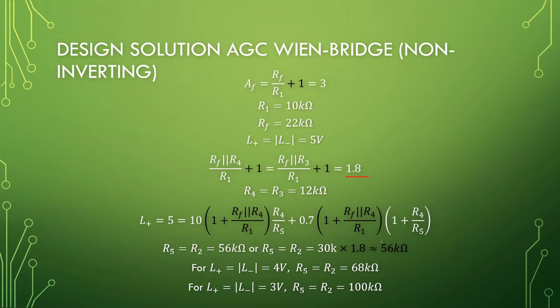And this is not in the textbook, this is not on any internet website that I looked at. So the Wien-bridge needs some adapting from what you will normally find for the equations for these non-inverting limiters.